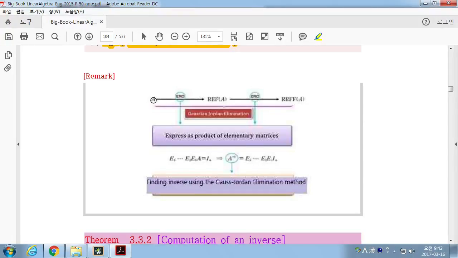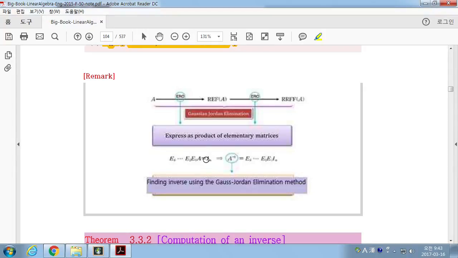So with this in mind, we can find a way of finding the inverse matrix. Suppose you have a matrix A. Then do the elementary row operations and you will find the REF of A. If you go further with Gauss-Jordan elimination, you will find the RREF of A. This process can be done by multiplying A on the left by the corresponding elementary matrices. Then you will end up with the identity matrix if A is invertible.